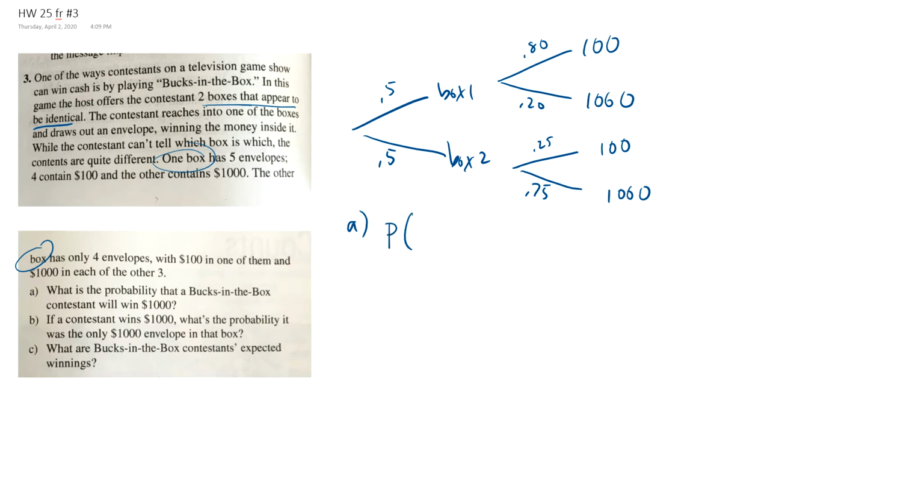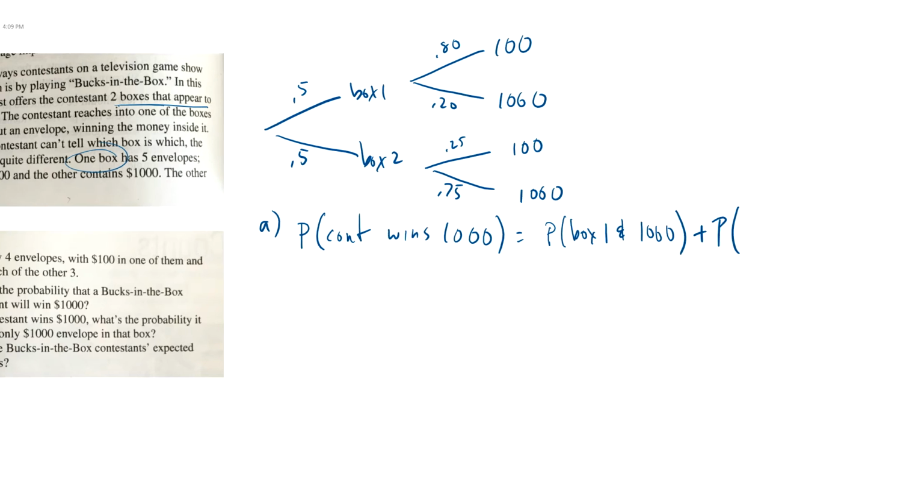What's the probability that a contestant wins $1,000? Well, to win $1,000, you have to pick box 1 and then the $1,000 envelope, or, I'm going to add them, or you pick box 2 and get the $1,000, right?